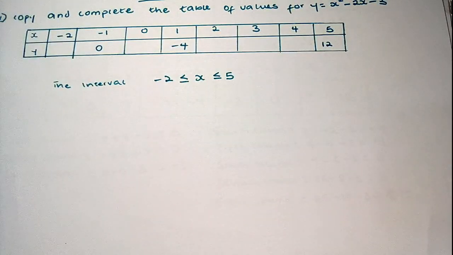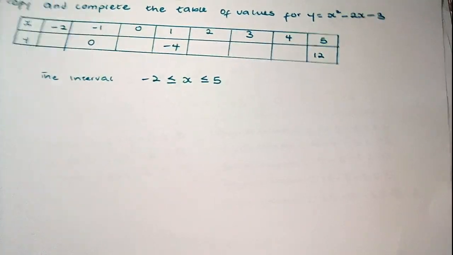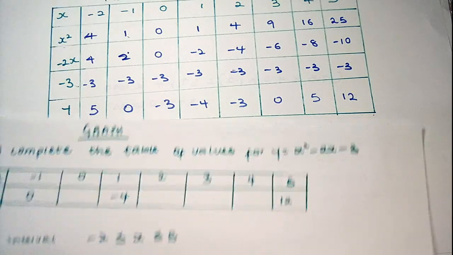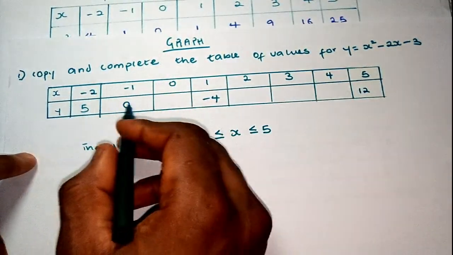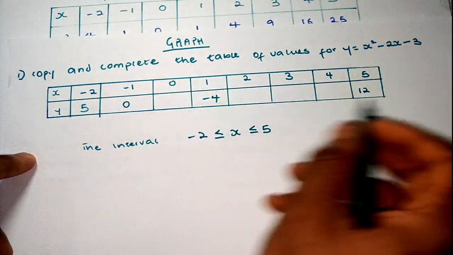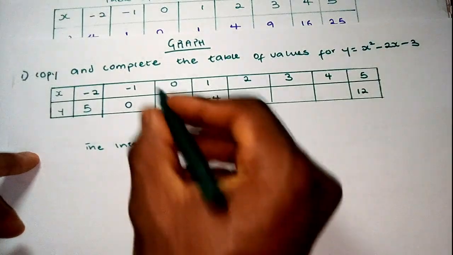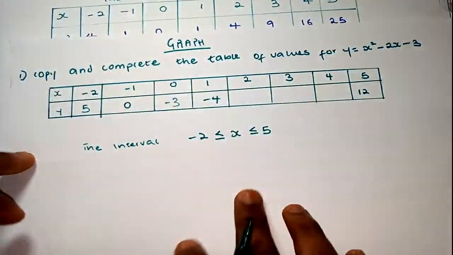We can complete it here. You know, we have, for the first one, we have 5 here, so we just put it down there. For the 5, you notice the table was partially complete before, so this 0 was already there. Now this one, we know that here is going to be minus 3.